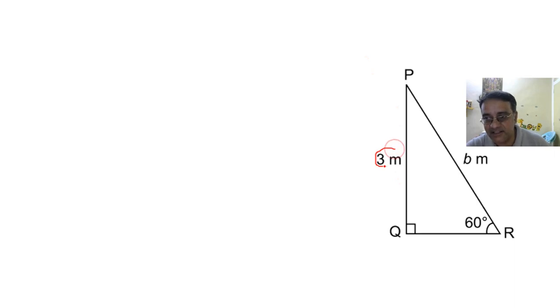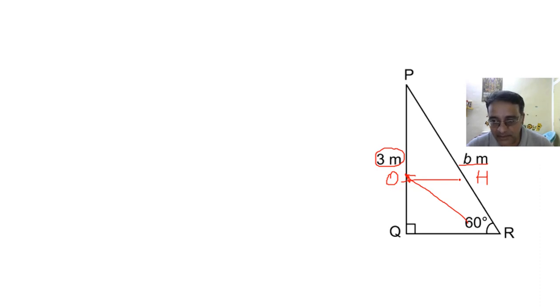So this is the height and let b meter be the length of the slide. So with respect to this angle, this side is opposite and this one is hypotenuse, right? So again, with respect to this angle, opposite and hypotenuse, and which trigonometric ratio belongs to these two?